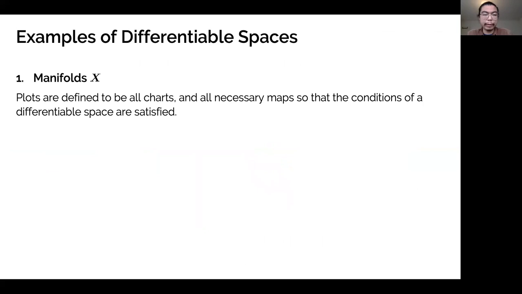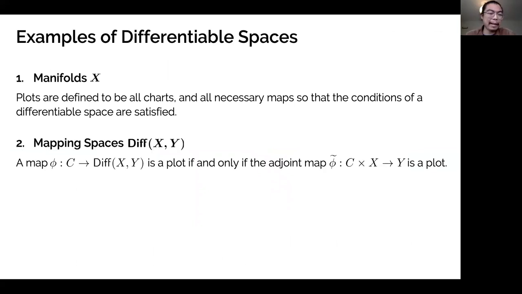So just to give some quick examples of differentiable spaces, every manifold is a differentiable space just by taking all charts to be plots. And additionally, any mapping space between two differentiable spaces is also a differentiable space. The way that we define the smooth structure on mapping spaces is that a map from some convex set into the mapping space is a plot if and only if this adjoint map is also a plot.